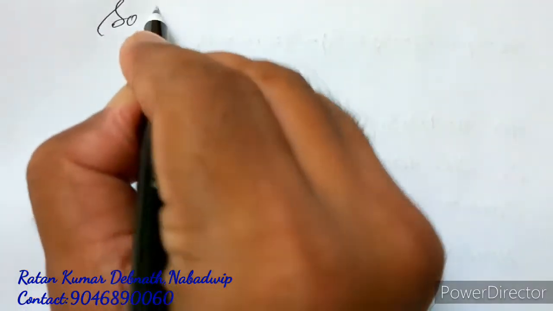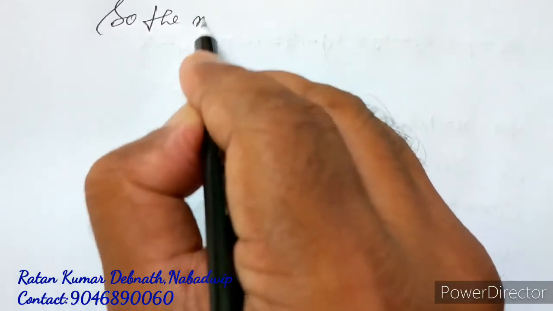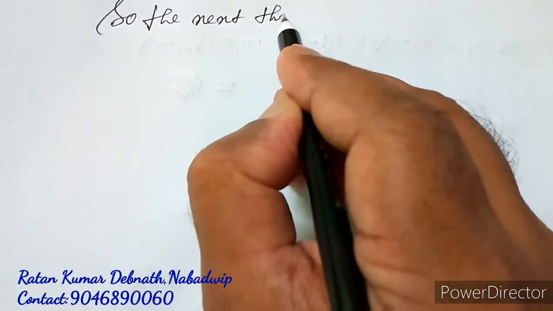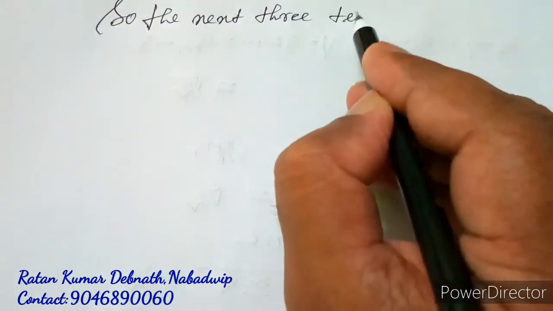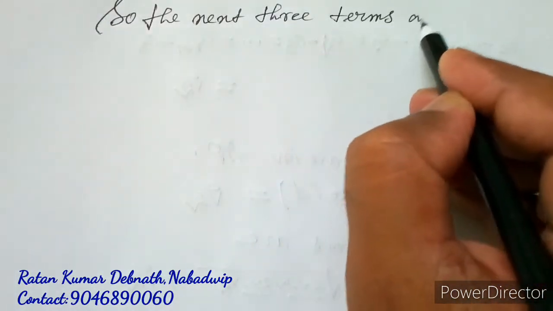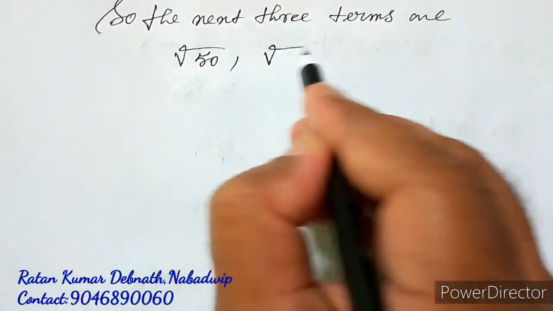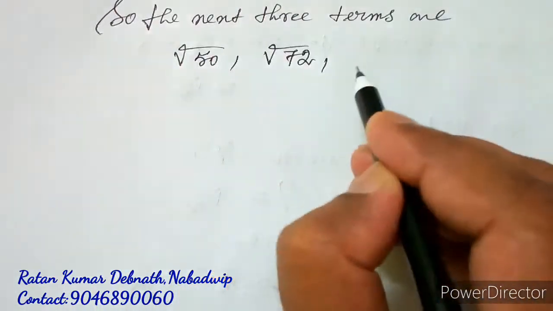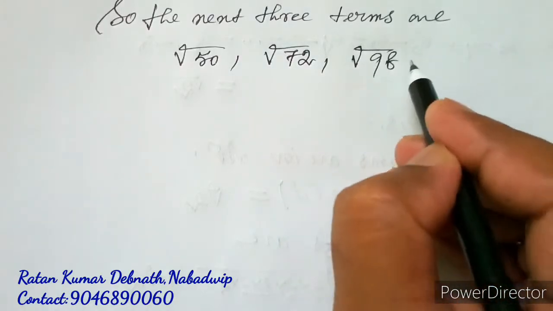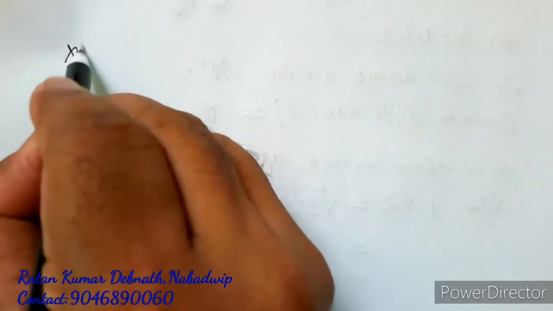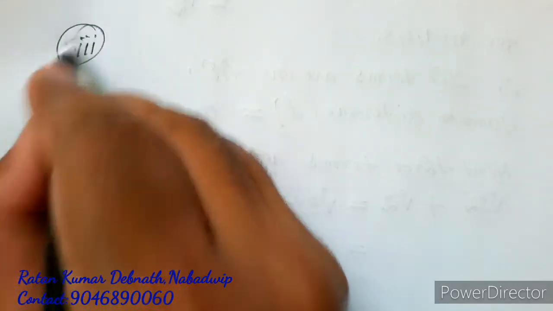So the next three terms are root 50, root 72 and root 98. Question number 13 of 4.